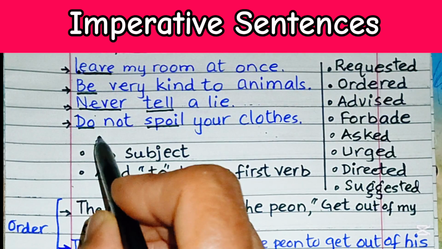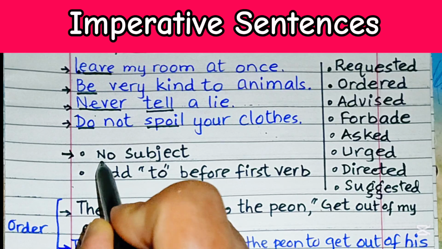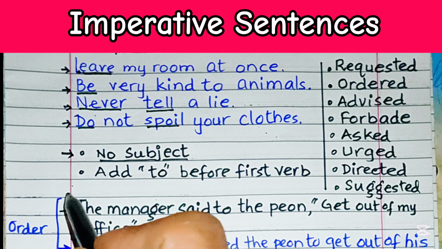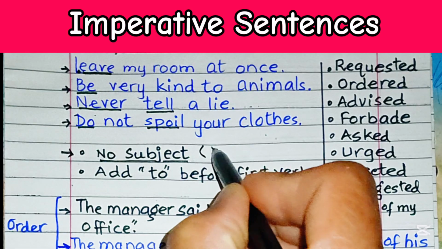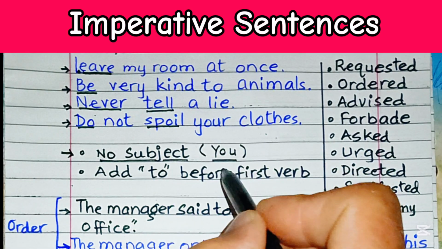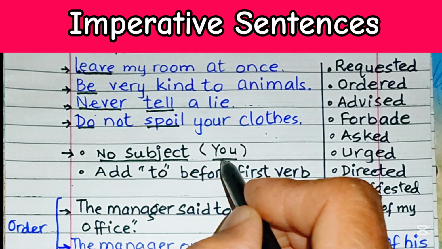So these examples are not having any subject. Number one, there is no subject over here, and the subject, if there is one, is understood in the form of you. That is always available, but we don't express or name it.